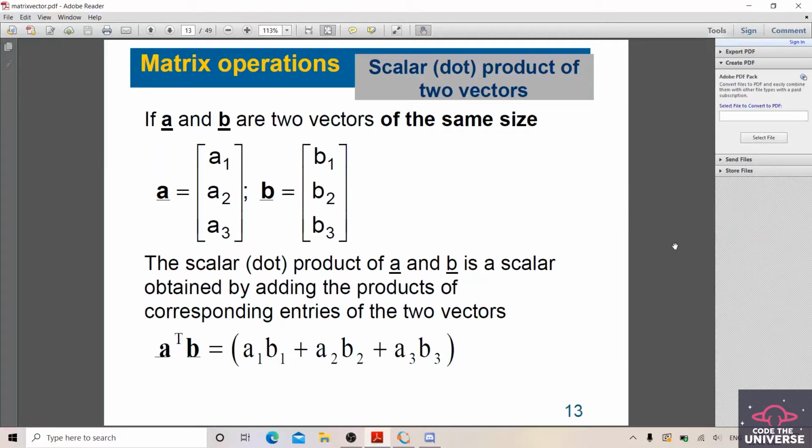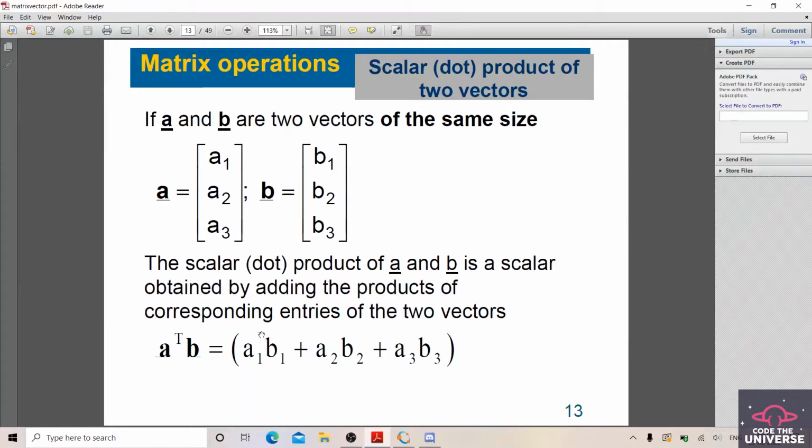Dot products of two vectors. All right, so this is where we're actually coming into the actual operations that we'll be dealing with on a large scale in MATLAB and Octave. What I mean by dot product of two vectors is that I'm going to take the sum of products of the respective elements.